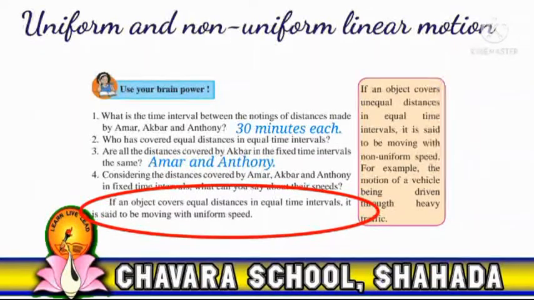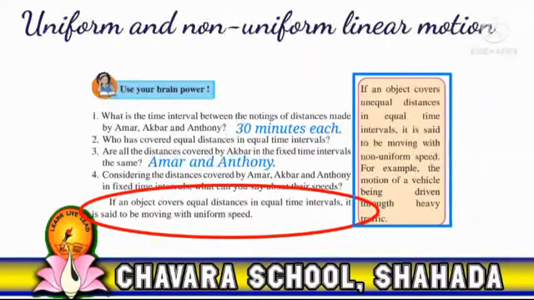It means if an object covers equal distance in equal time interval, it is said to be moving with uniform speed. If an object covers unequal distances in equal time interval, it is said to be moving with non-uniform speed.